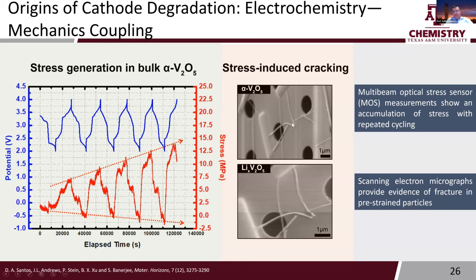You can see here, it was a little bit stressed before, but after a couple of cycles, it cracks, right? So this is fracture in pre-strained particles as a result of cycling. So the electrochemistry and mechanics coupling resulting from the stress gradients built up because of heterogeneous nucleation play a really big role in damaging cathodes, right?